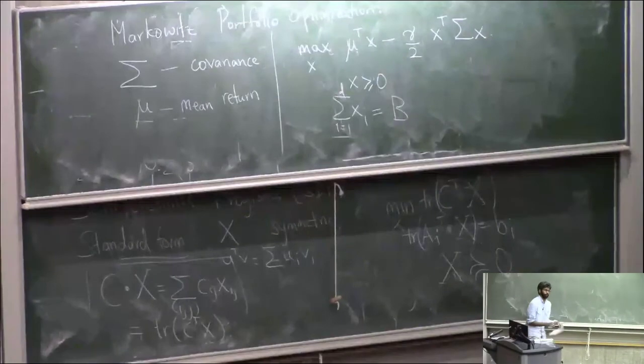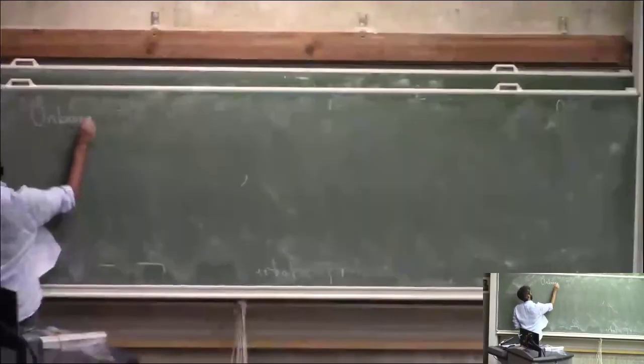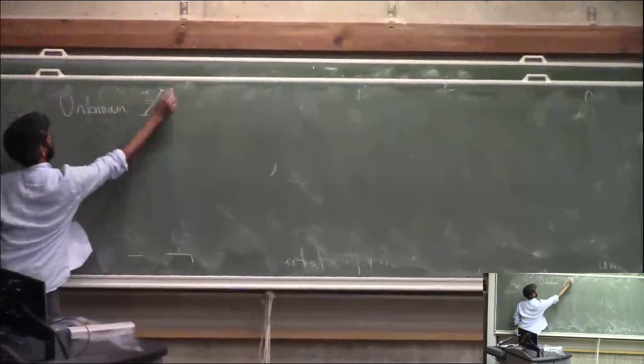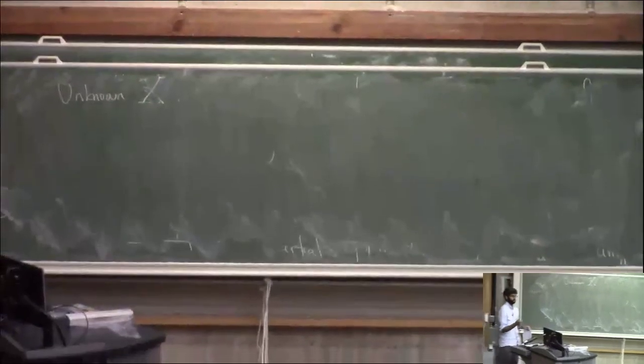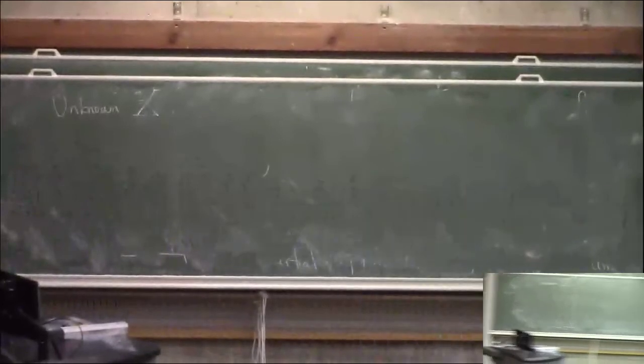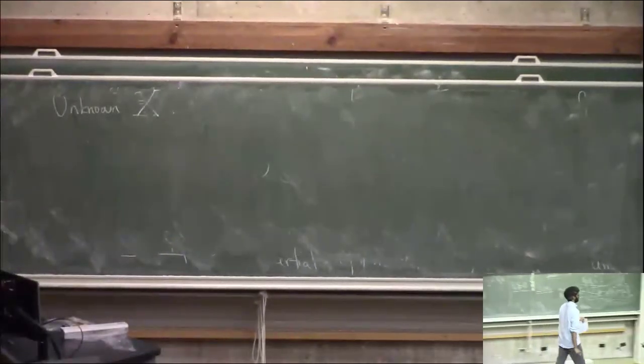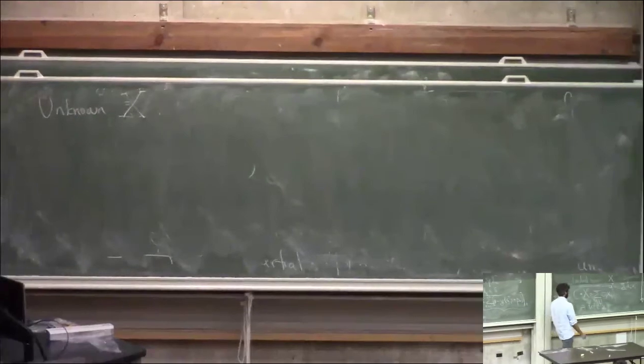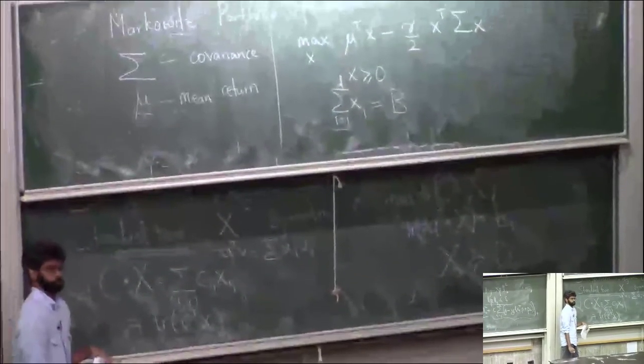So what's the setup here? It's kind of like basis pursuit, except there's some unknown matrix X. Student: You wrote C dot X equals the trace of C dot X. The way I'm seeing it, C dot X is an element-wise multiplication summed across the entire matrix, but then the trace would just be the diagonal.